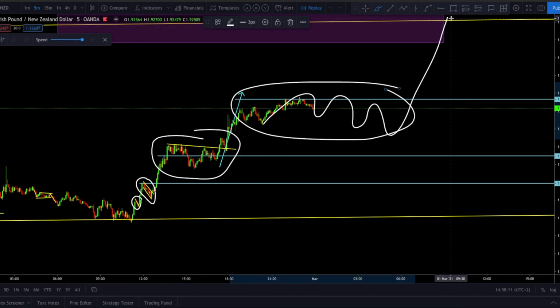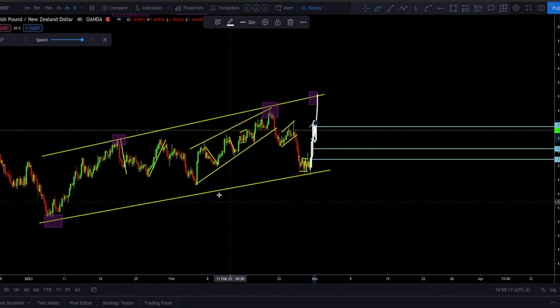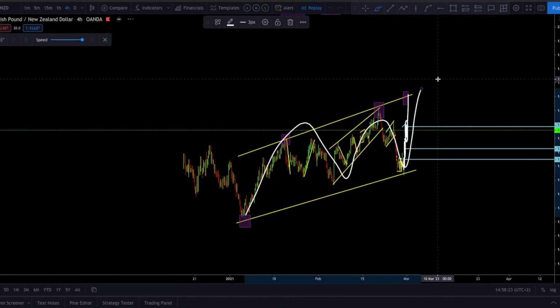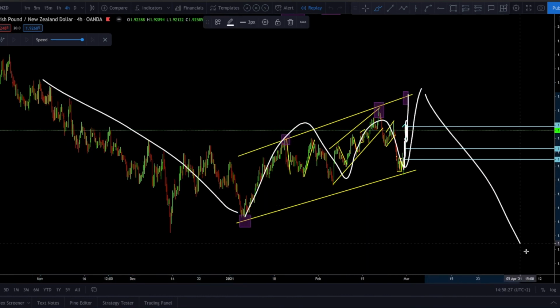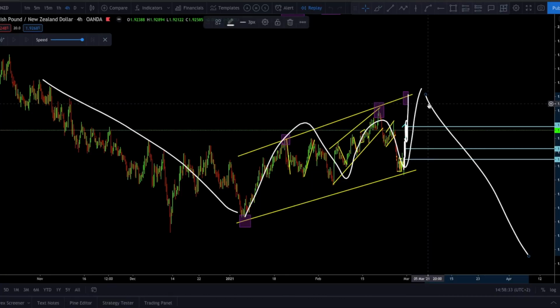So we're going to shoot up here. Then this might be the 4 hour correction of this whole move that came here. So we might be going down, but that might take even longer. That's why when we are swing traders, you must be patient, you must be willing to wait.